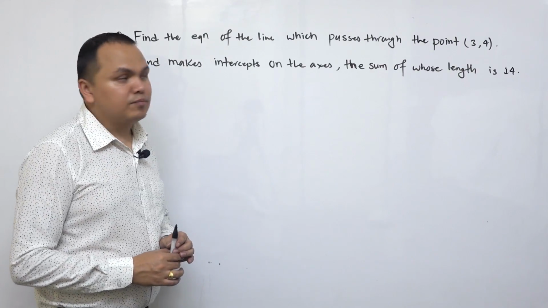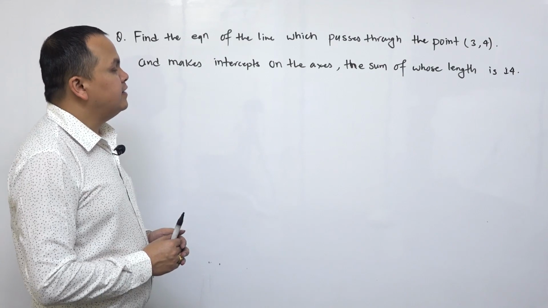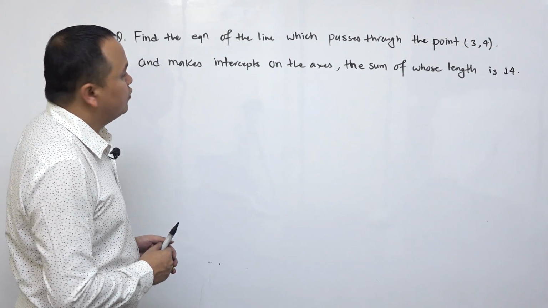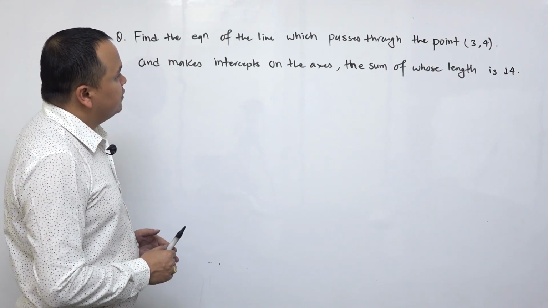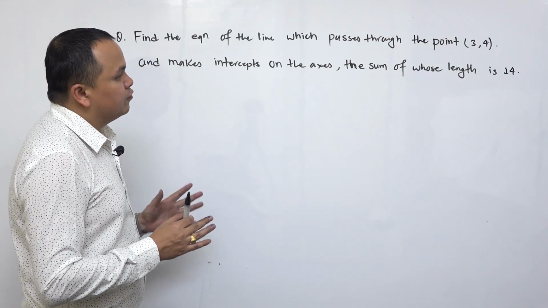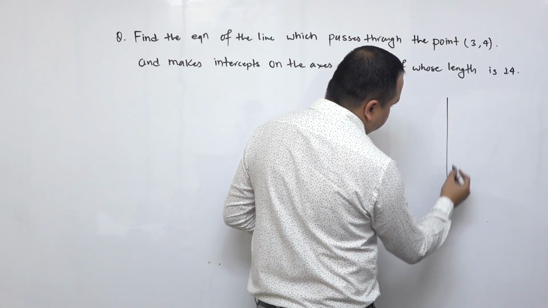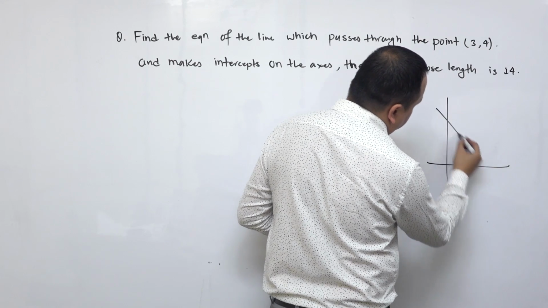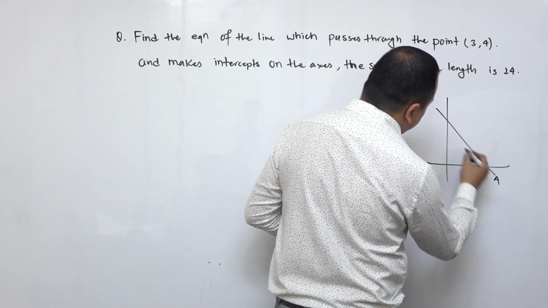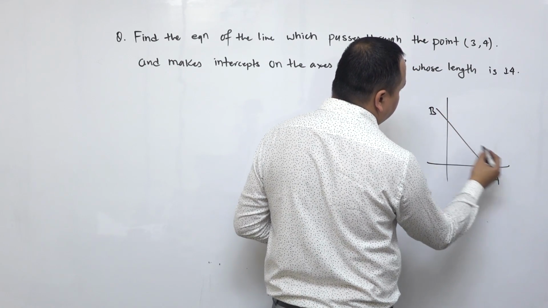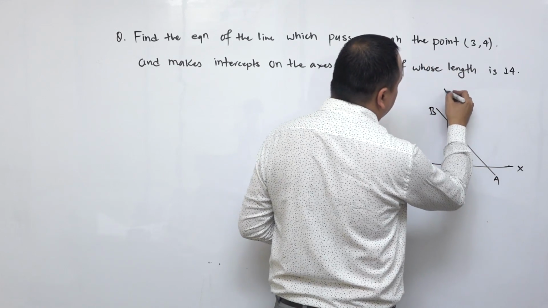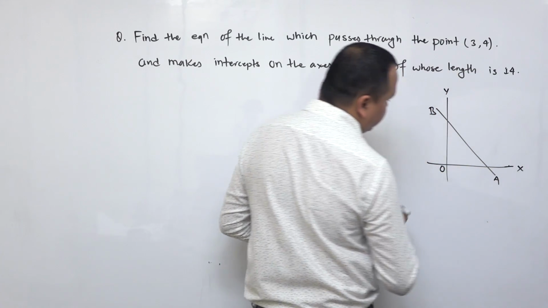We take another example. Find the equation of the line which passes through the point 3, 4 and makes intercepts on the axes, the sum of whose lengths is 14. AB is the straight line, x-axis, y-axis, this is the origin.